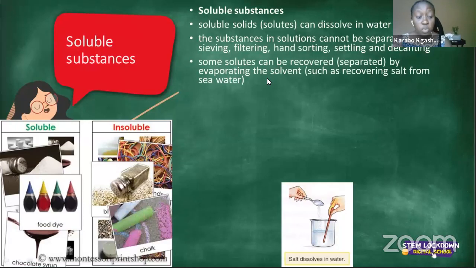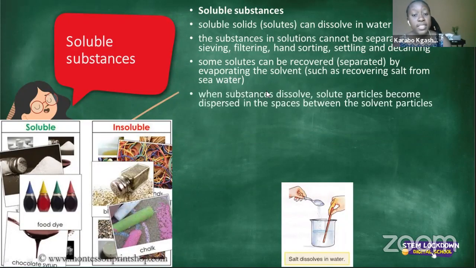But evaporation would be a way to recover the solute from the solvent. When substances dissolve, solute particles become dispersed in the spaces between the solvent particles. Once the water has evaporated, all the smaller particles, that could be either the salt or the sugar, are left at the bottom.